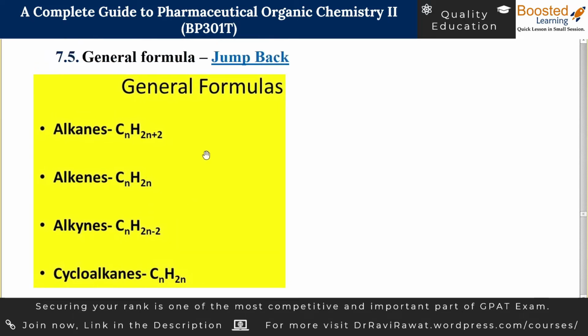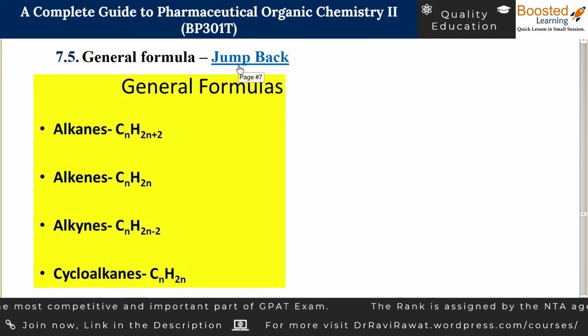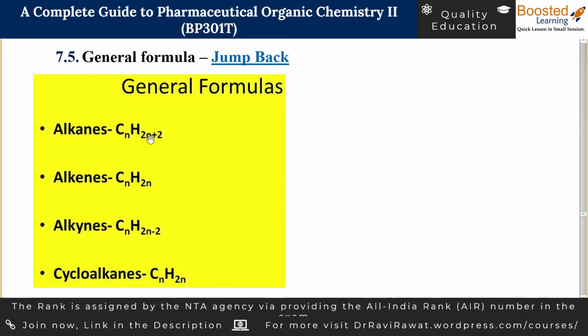When people compared the molecular formula of benzene with these, they were shocked to see how a compound can have so few hydrogens, because alkanes have twice the number of carbons plus 2 hydrogens.